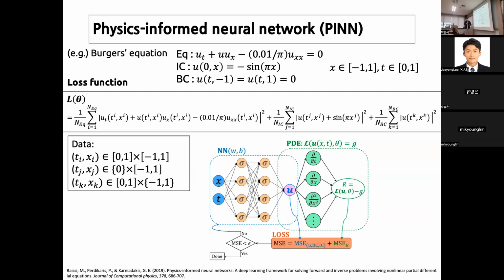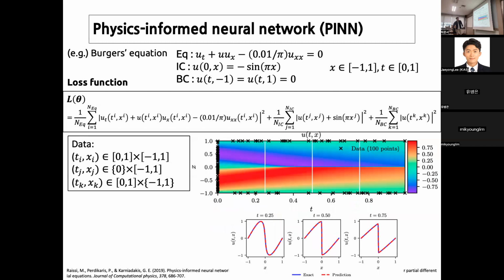Then they can find the optimal weight and bias to satisfy these three conditions. So this is the core idea of this PINN algorithm. Using this algorithm, they can find the optimal weight and bias to satisfy these three conditions. So it shows that the predicted solution, the neural network solution u, is almost the same as the exact solution.